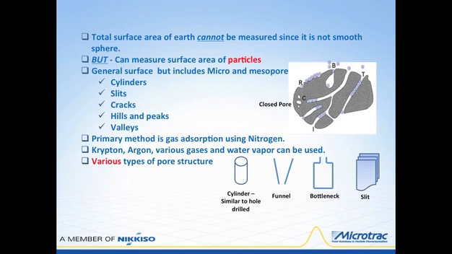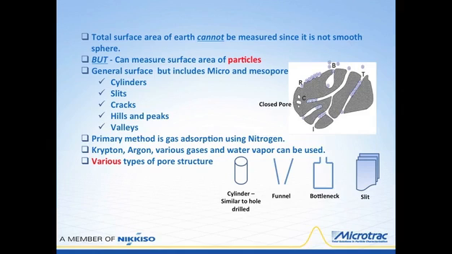And the primary method for making this measurement is using nitrogen. Krypton, argon, and various other gases and water vapor can be used. Now these various types of pore structures are comprised of four main shapes. One of them is a cylinder, and for the purposes of surface area, this includes also what's called a funnel as well as a bottleneck.